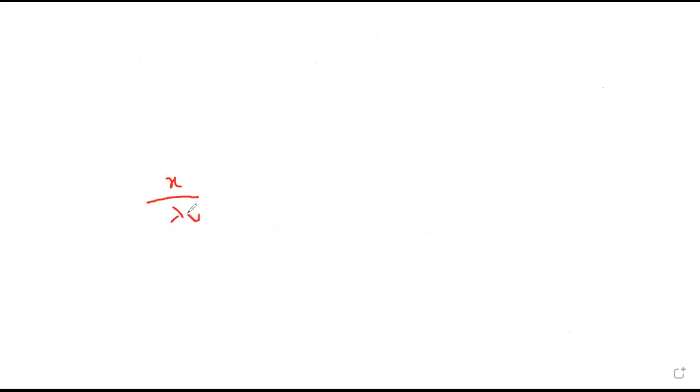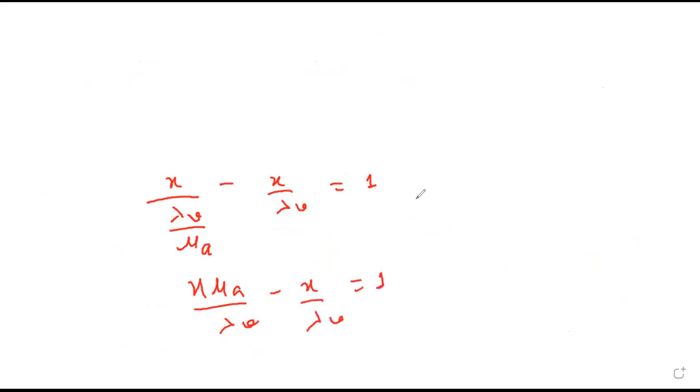It is x mu a upon lambda in vacuum minus x upon lambda in vacuum equal to 1. Therefore, x and lambda vacuum is common. Mu a minus 1 equal to 1.